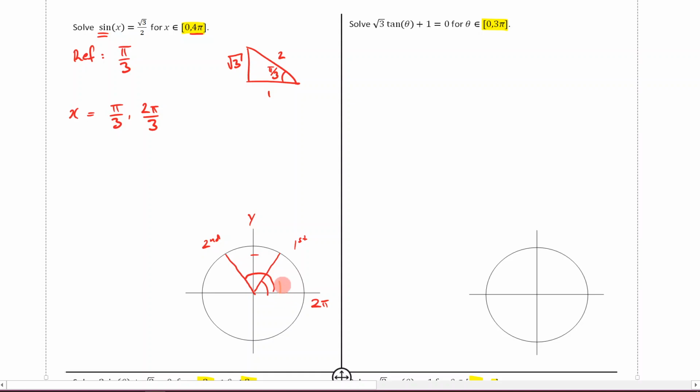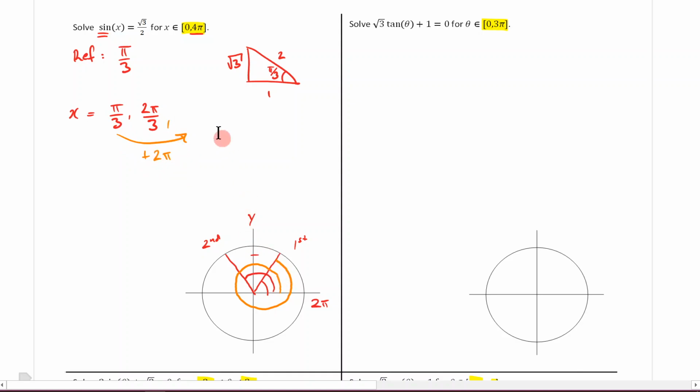So now I'm going to go around, and now up here. And as you can see here, I've come back to this point right here, and I have to figure out what it's going to be. To figure out what this is going to be, I can just take this value right here, and I can plus it by 2 pi. And then I'm going to have to make another circle around.